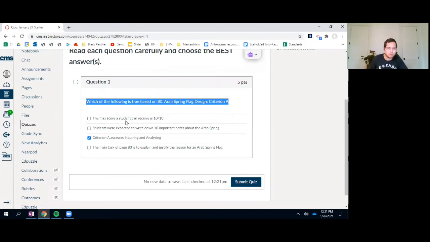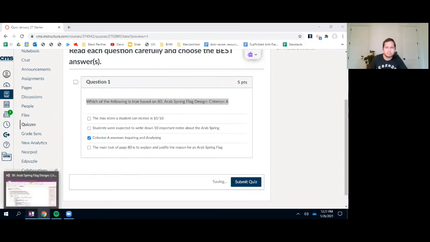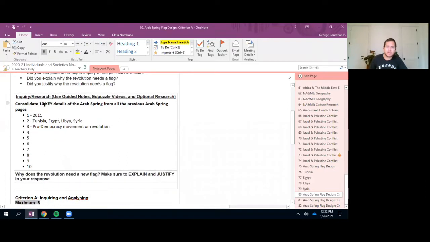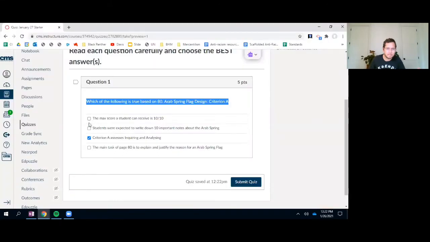We'll continue and go over this. The first thing I had you do on this page was consolidate 10 key details of the Arab Spring from all the previous Arab Spring pages. So you looked back and you were expected to find 10 things there. Make sure that you check that off, please. And then lastly, the main task of page 80 is to explain and justify the reason for an Arab Spring flag.